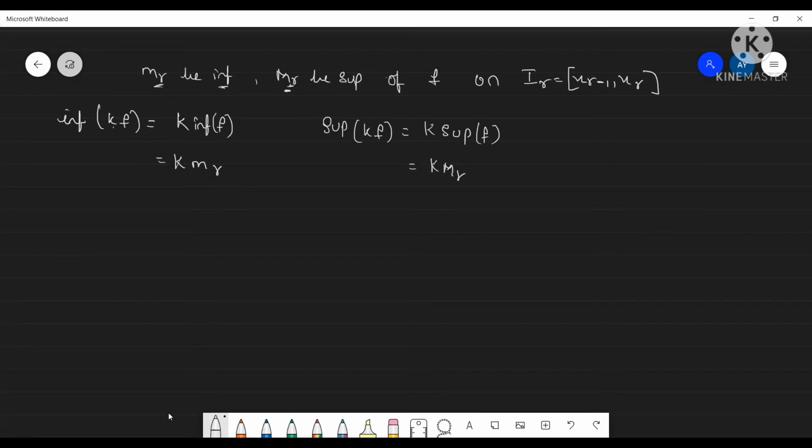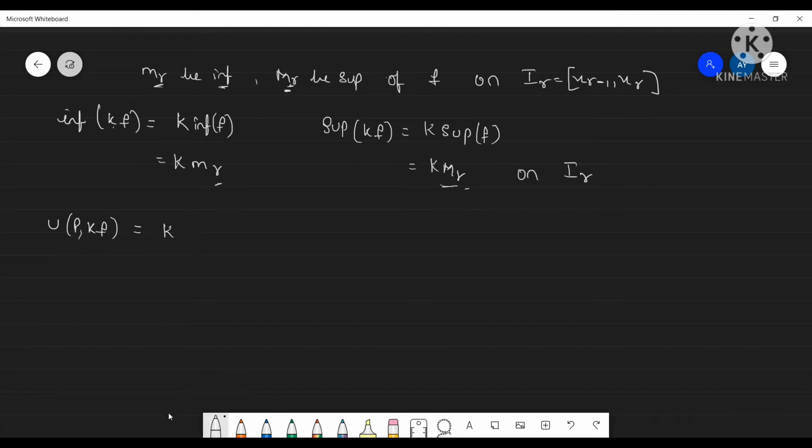As we are talking about the rth subinterval I_r, U(P, kf) is equal to k times U(P, f), that is k times capital M_r. I'm directly writing this one.